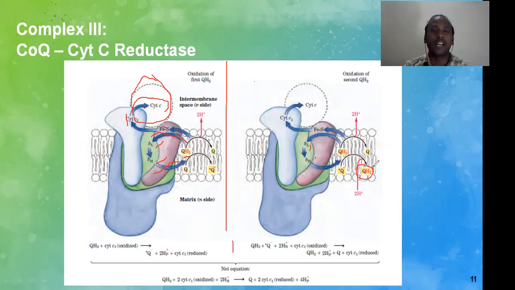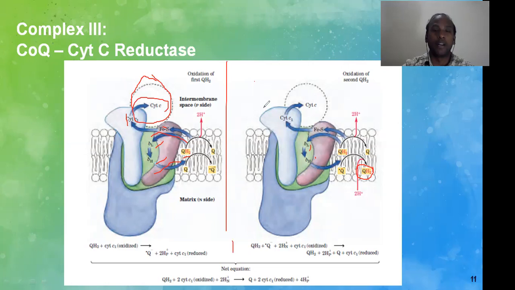This particular cycle we call the Q cycle, the regeneration of Q. It is possible because at a time only one single electron passes through these iron sulfur centers, and one more electron goes through the other center, that is the Rieske center. So this is how the Q cycle operates.